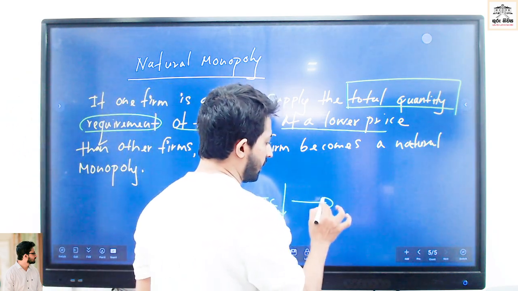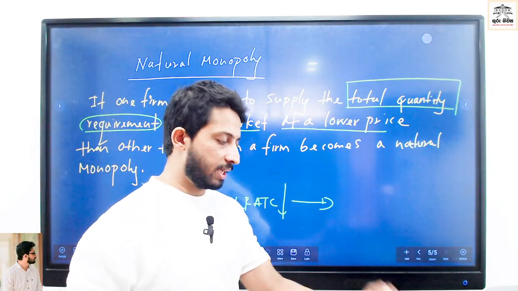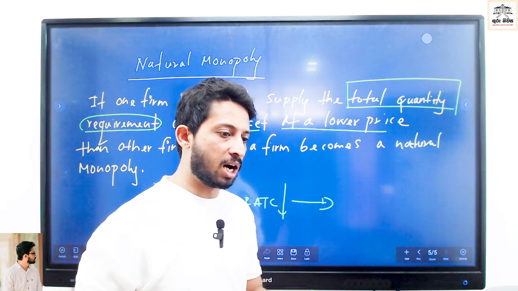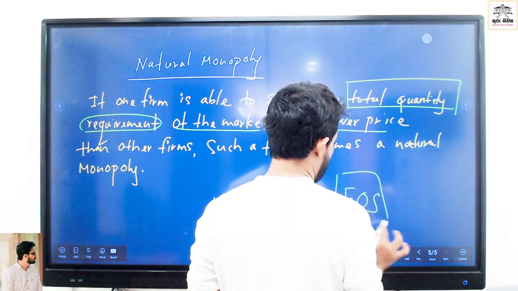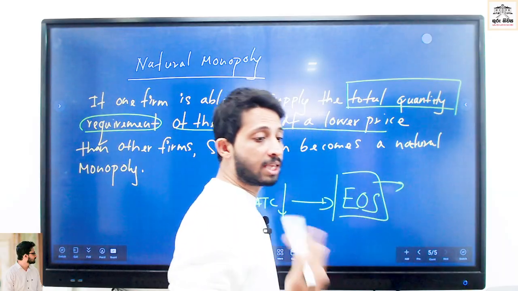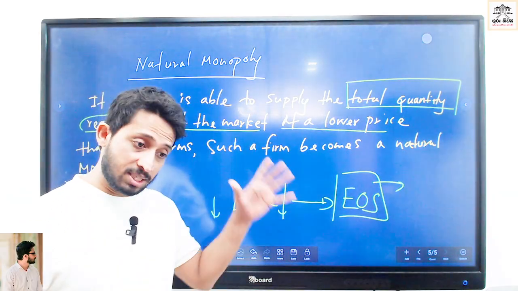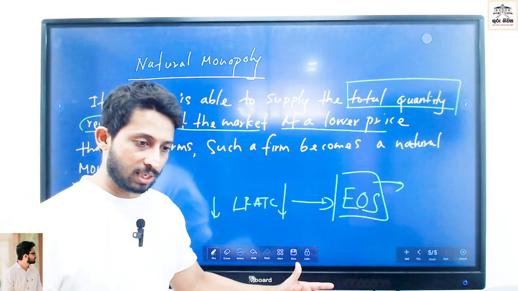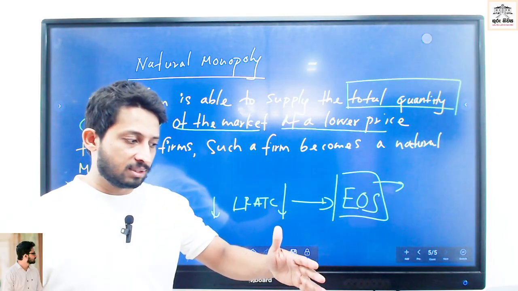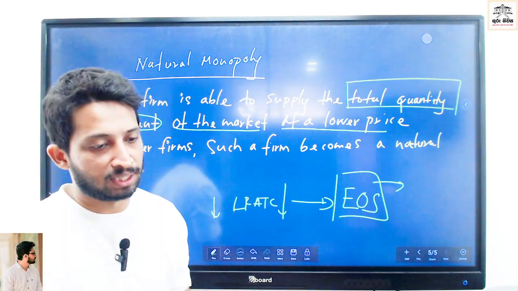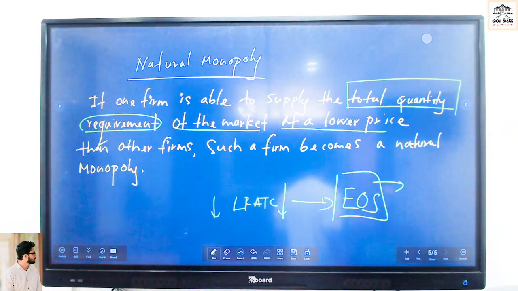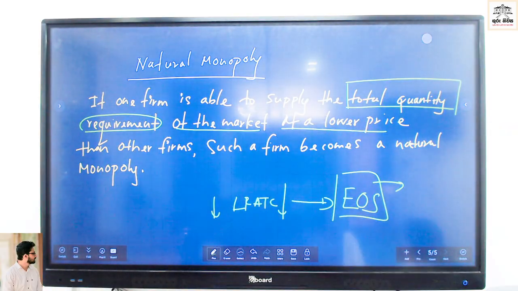Remember, this advantage gained by the existing firm in the market is due to economies of scale. Economies of scale is a result of large scale production. Large scale production is possible here because the entire market supply is given by one single firm. Are you okay with this?